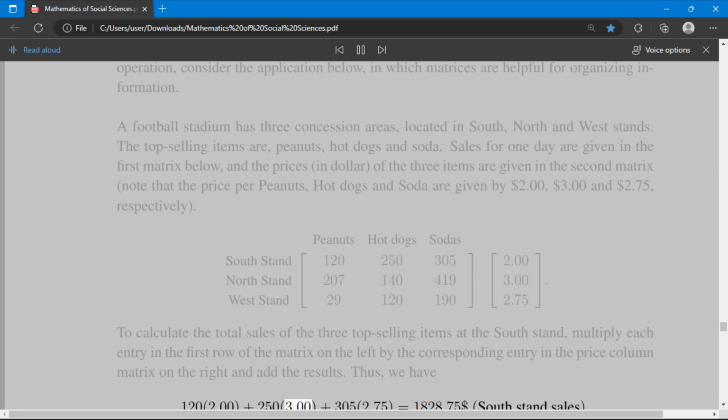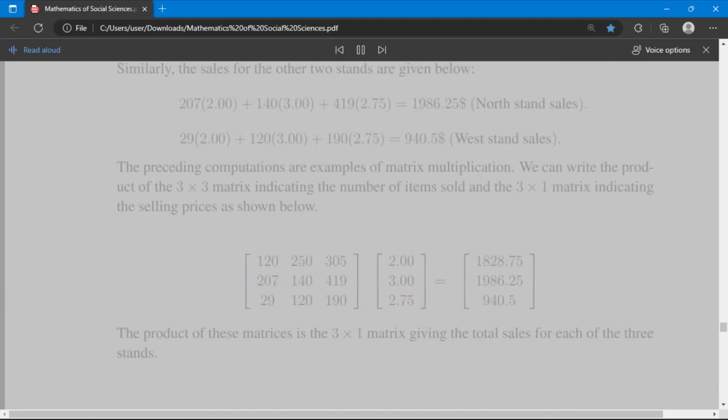120 times 2.00, plus 250 times 3.00, plus 305 times 2.75, equals $1,828.75, south stand sales.